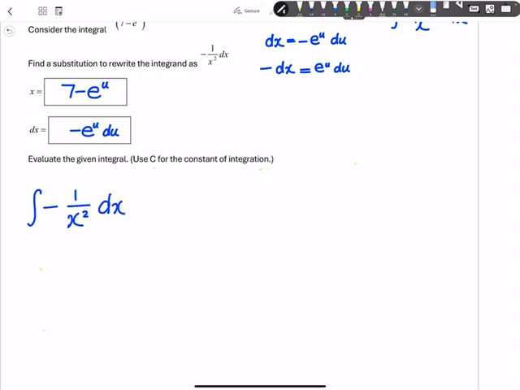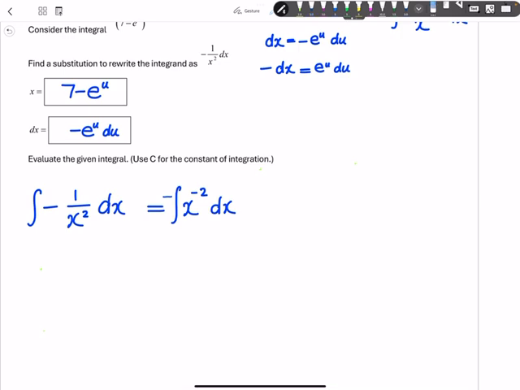So my first step here is to consider the integral of negative 1 over x squared dx. I'm going to go ahead and just rewrite this integral as x to the power negative 2 dx. And of course, the negative value is still on there. Just make sure your negative value stays on there.